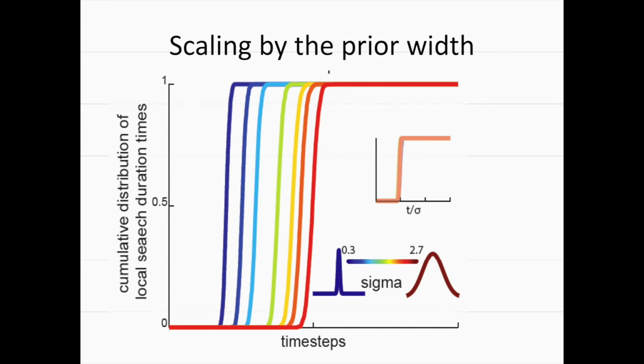In fact, there is a uniform scaling by the widths of the probability distribution, such that the wider the initial prior, the longer it takes for the animals to search. But if we rescale this time by the sigma of the initial distributions, all of these curves overlap, and therefore the animal just needs to learn the slope, perhaps through experience, in order to implement such a strategy.